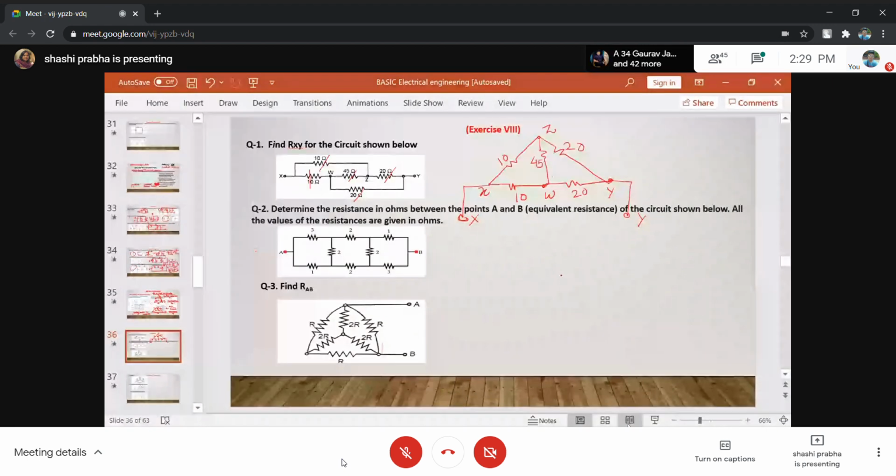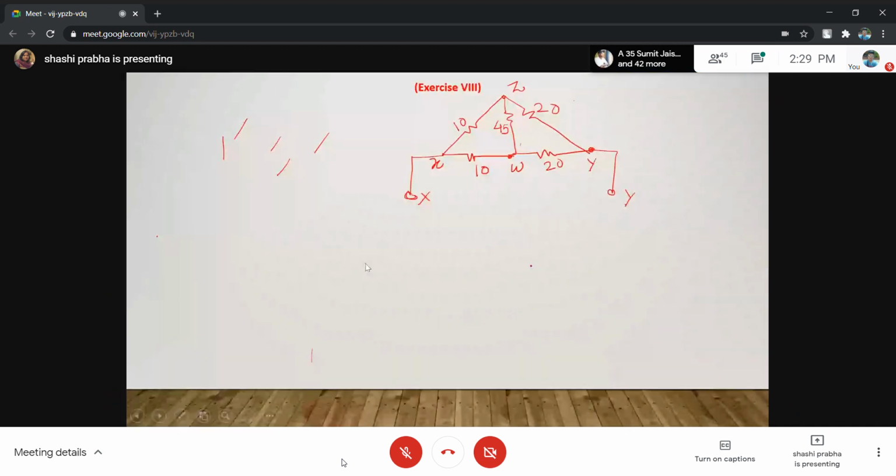Okay, I want to start with... can we take this as a start point? I'm not able to select in this different color.